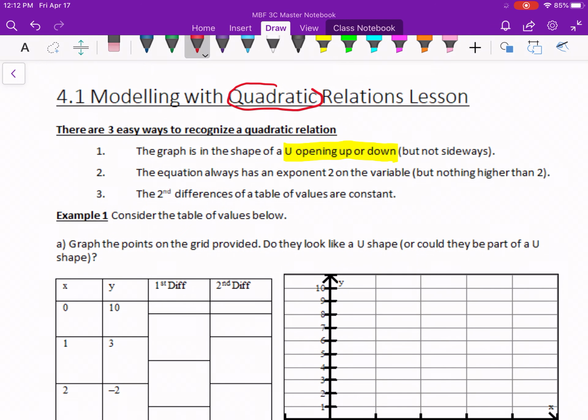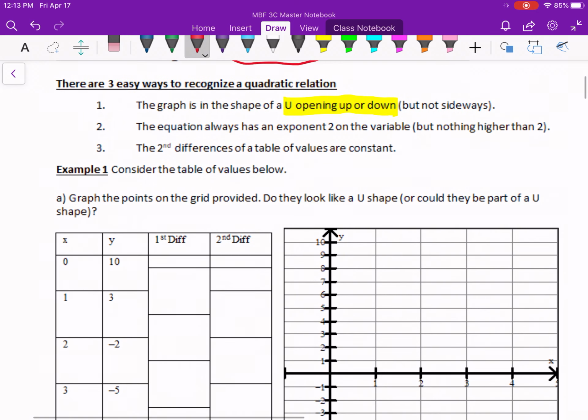Quadratics are just a type of relation between two variables that have certain characteristics, and one of those characteristics is the shape of the graph. Another characteristic is that the equation always has an exponent of 2 on the variable. So we're always going to find an exponent of 2 if it's in standard form.